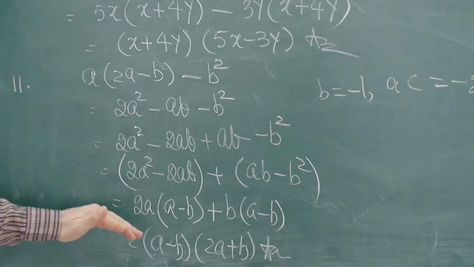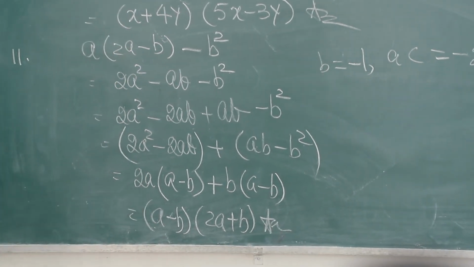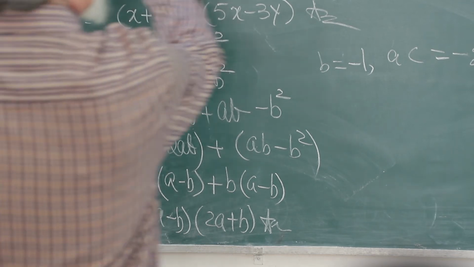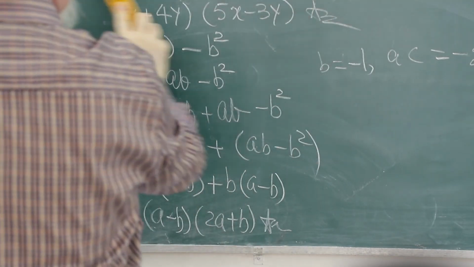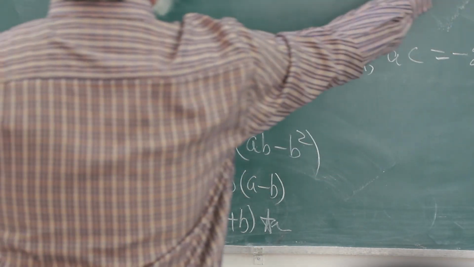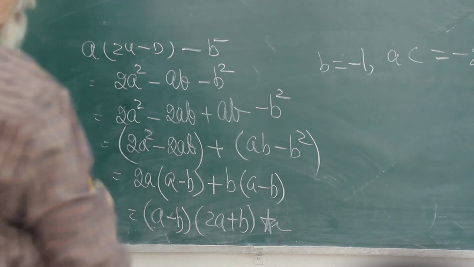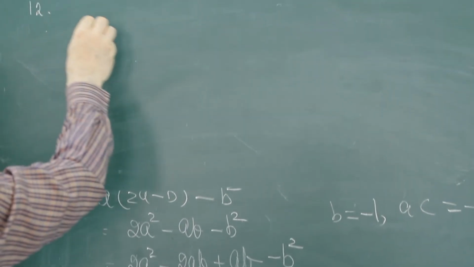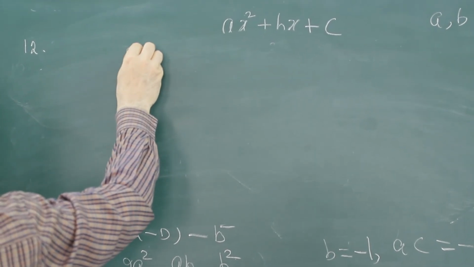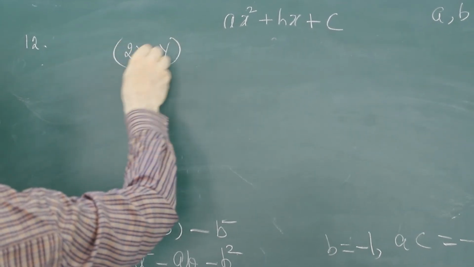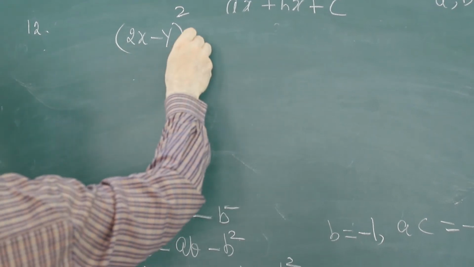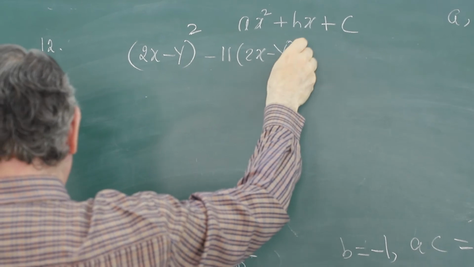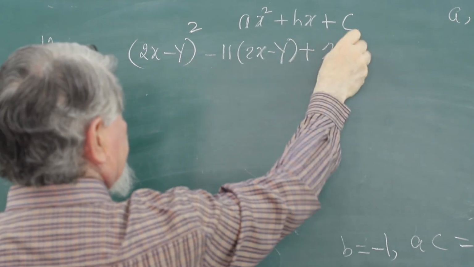We are following exactly the same process. Let's do question number 12 now. 2x minus y whole square minus 11 into 2x minus y plus 28.